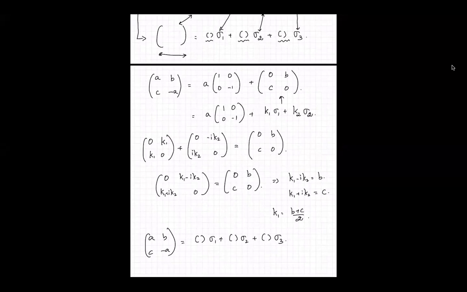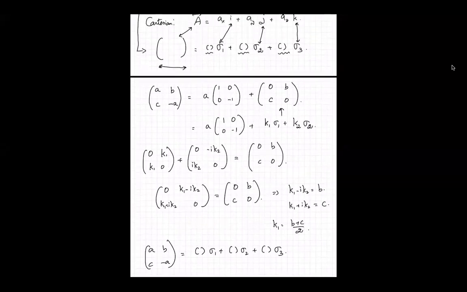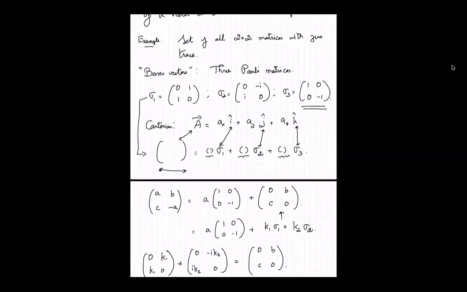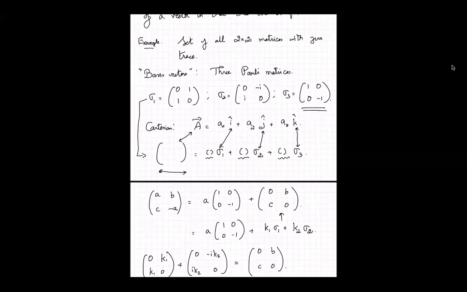Okay, so there is a question: how does sigma 3 have zero trace? Trace means leading diagonal has zero elements. That is not true. That is one example of a zero trace. The trace simply means the sum of the diagonal elements. So if the sum of the diagonal elements is zero, the trace is zero. For sigma 3, the sum of the diagonal elements is 1 minus 1, which is 0.